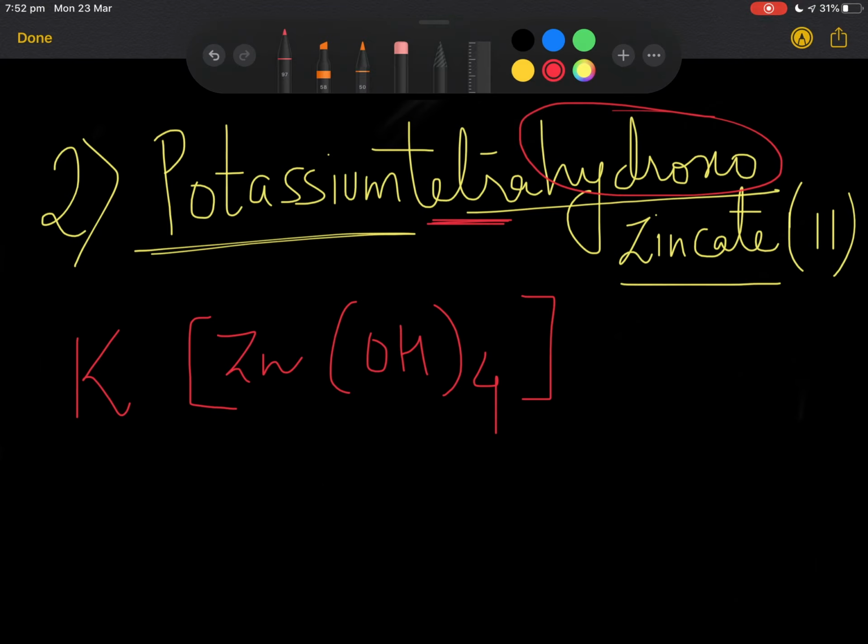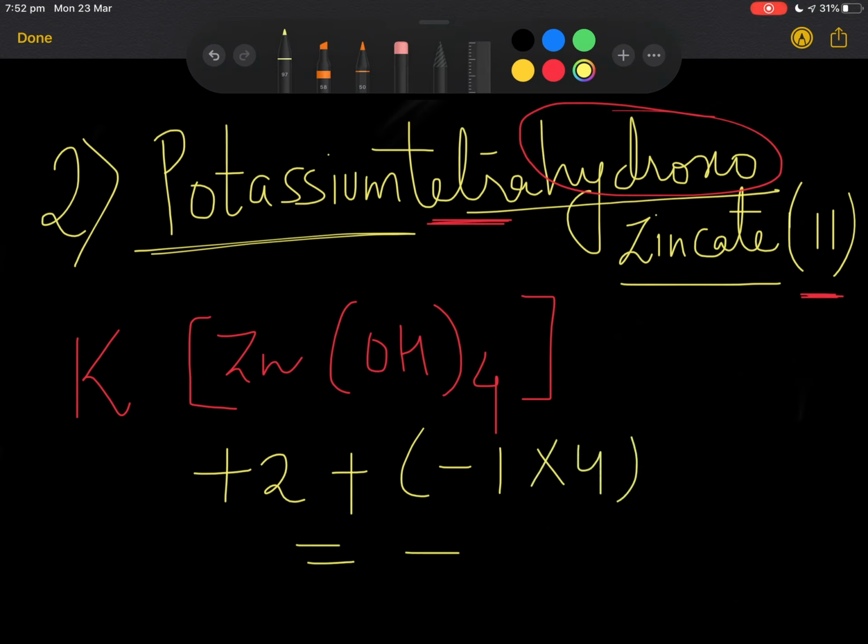That's the complex. But what about the charge on this complex? The charge can be calculated by using the oxidation state. So the oxidation state of zinc is what? +2. OH is a ligand with negative charge, -1 into 4. So I'm going to land up with -2. So that's the charge on this complex. And potassium, I know it's K+.